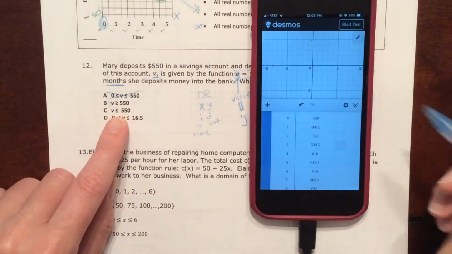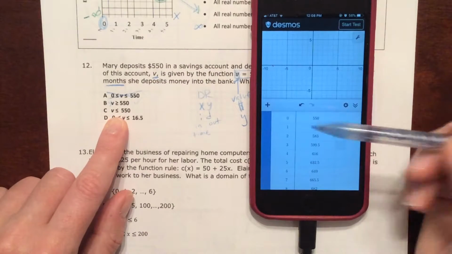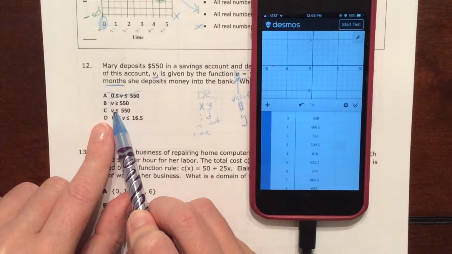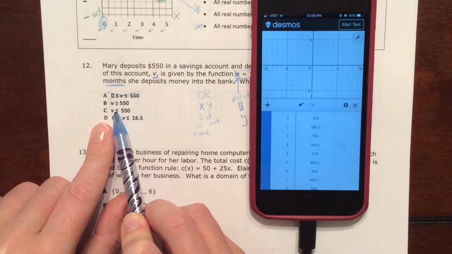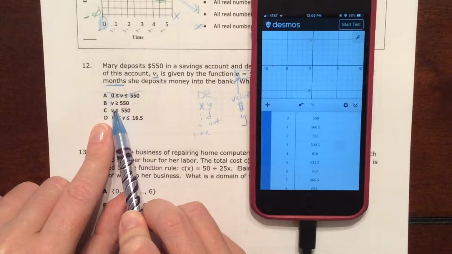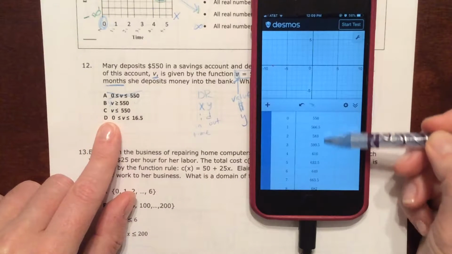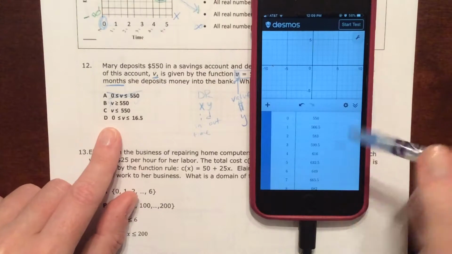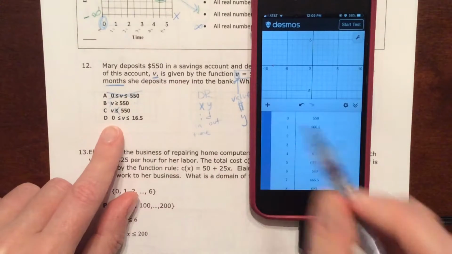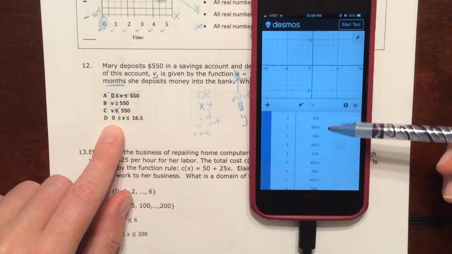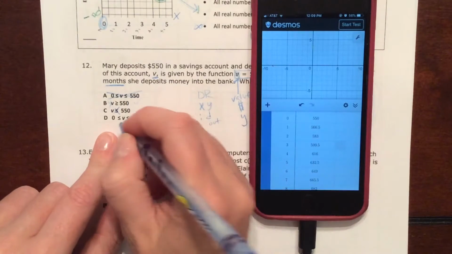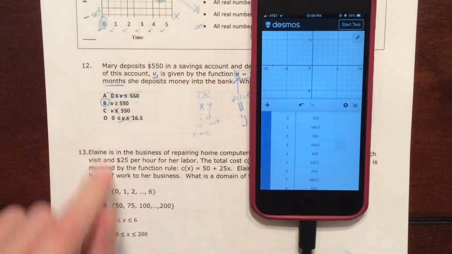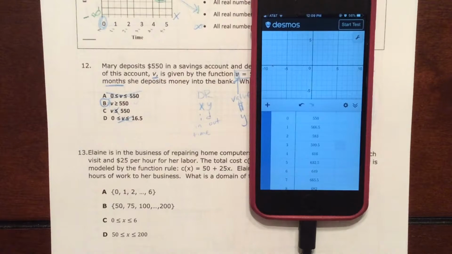So this looks like that's going to be my answer. Let's check the other choices. Is the value less than 550? Nope, we're not going down, we're going up, so that one's not true. And then would it be between 0 and 1650? No. So the answer is going to be B.